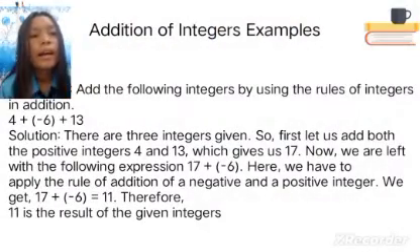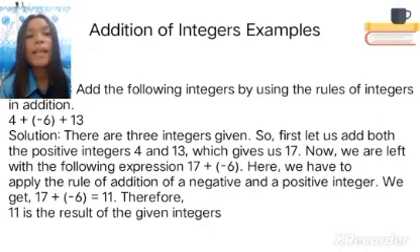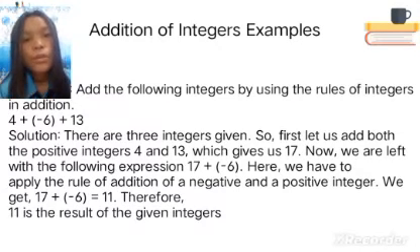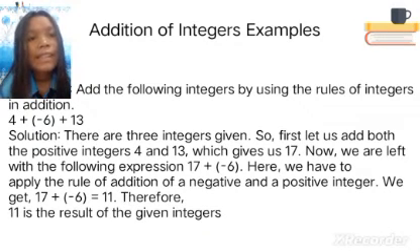Next, add the following integers by using the rules of integers in addition. 4 plus negative 6 plus 13. Solution. There are three integers given. First, let us add both the positive integers 4 and 13, which gives us 17.